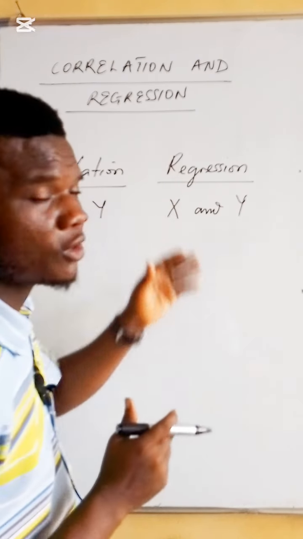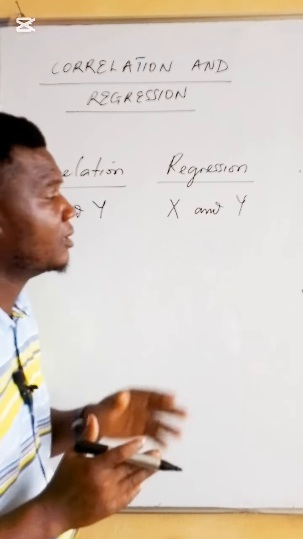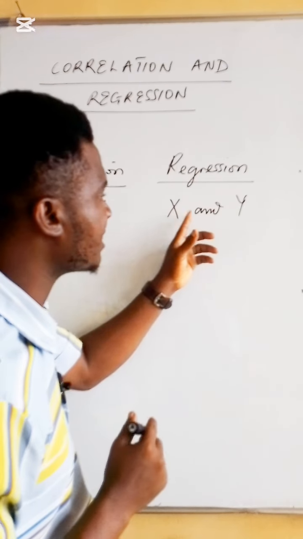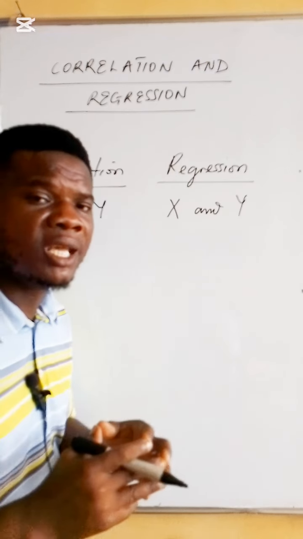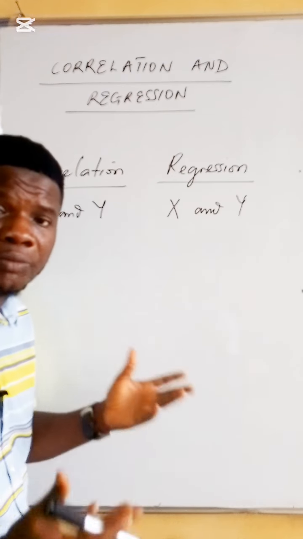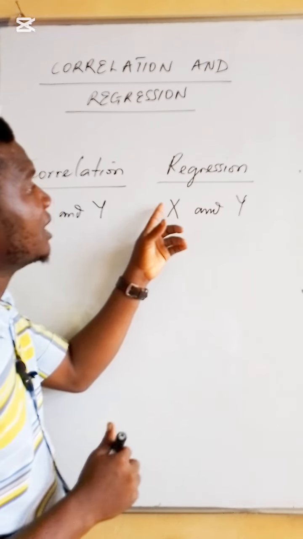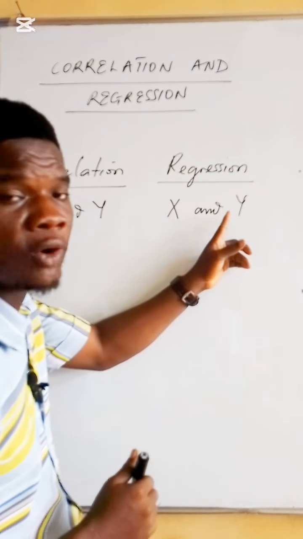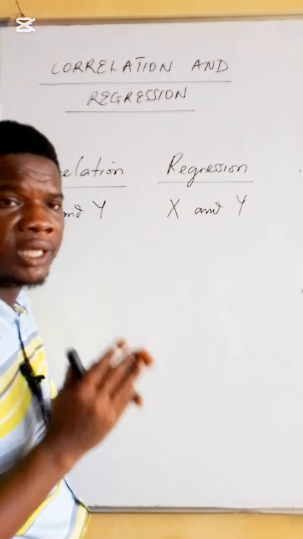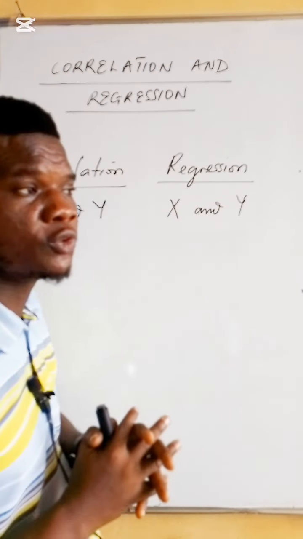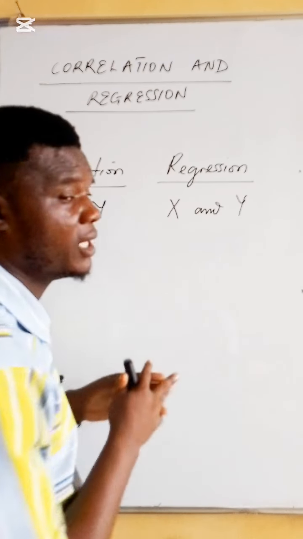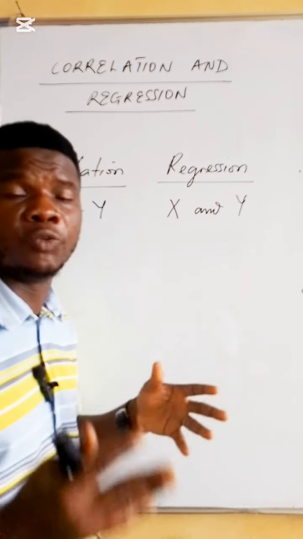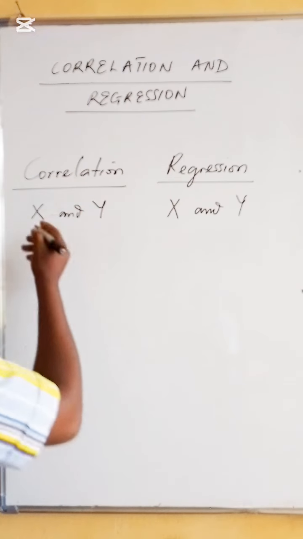Whereas regression talks about the modeling of the relationship between x and y. Modeling in this case simply means using an equation, which we call the model, to determine how x relates with y or how y relates with x. So please hold on to those two concepts. I'll be putting the meaning of both of them quickly on the board, which in other words tells you the difference. So let's start with this.